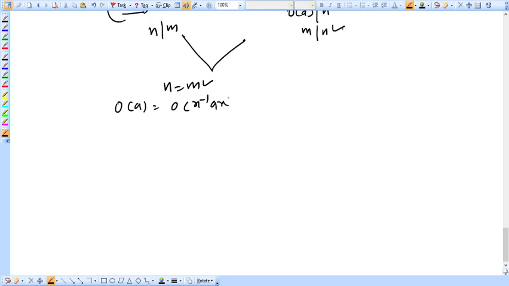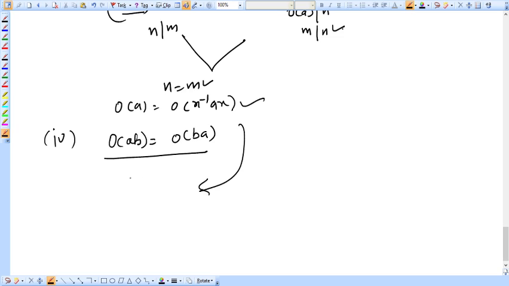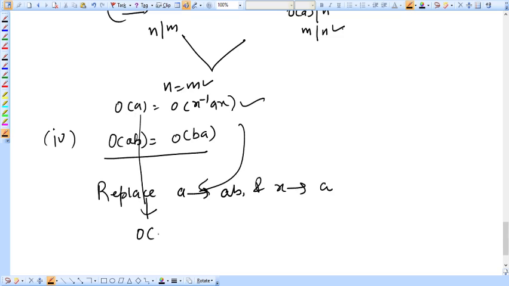Now in the fourth part we have to show that order of AB is equal to order of BA. For this, replace A by AB and X by A. We get order of AB is equal to order of, in place of X you write A, A inverse, and in place of A, AB.